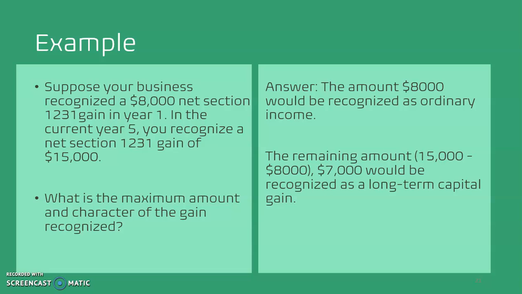So the amount of $8,000 would be categorized as ordinary income and would be recognized that way. The remaining amount, which would be the amount recognized in year 5, minus the amount recognized as net Section 1231 gain in year 1, and that would be $7,000. And this would be characterized as a long-term capital gain.